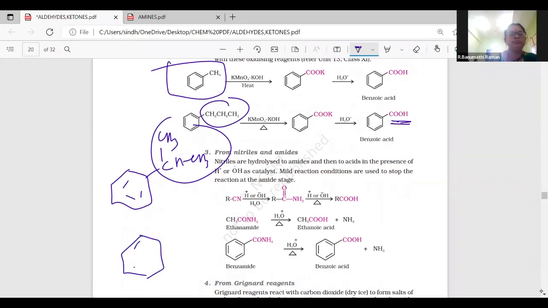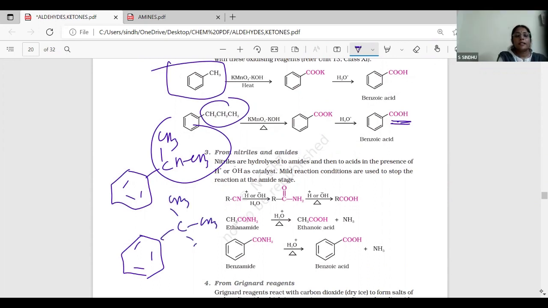Whereas if it's a tertiary, it will not. There's no hydrogen here into which the oxidation can come in. So tertiary will not undergo oxidation. It's only primary alkyl benzenes and secondary alkyl benzenes which can be oxidized with alkaline KMnO4 followed by acidification to the carboxylic acids.